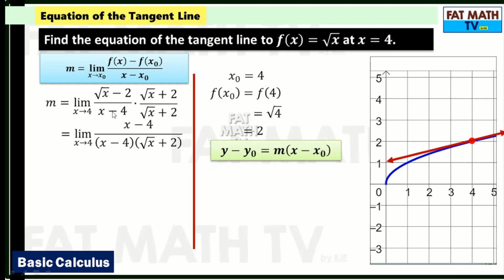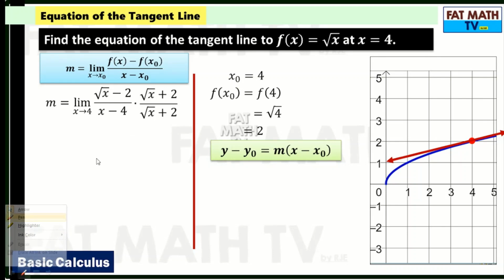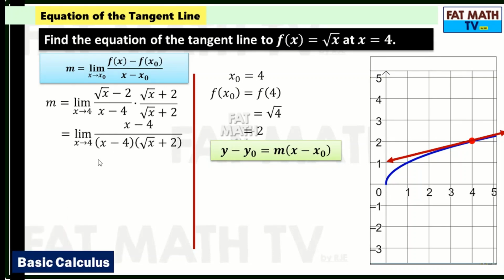And then for the denominator, just copy x minus 4 and square root of x plus 2. Because you can cancel x minus 4 and x minus 4, you will have 1 in the numerator left over square root of x plus 2. And square root of x, you can already substitute there. That's square root of 4. So that's 2. 2 plus 2 is 4. So the slope of this line is 1/4.